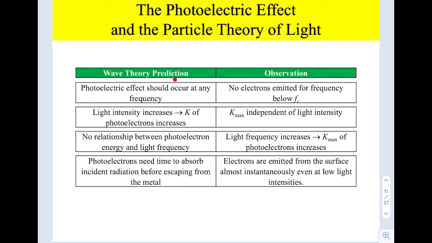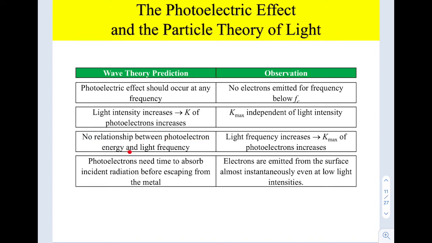This is the prediction of the wave theory, also known as classical physics. However, the experimental observation is that the kinetic energy maximum is independent of the light intensity. So it's not depending on the incident light intensity.